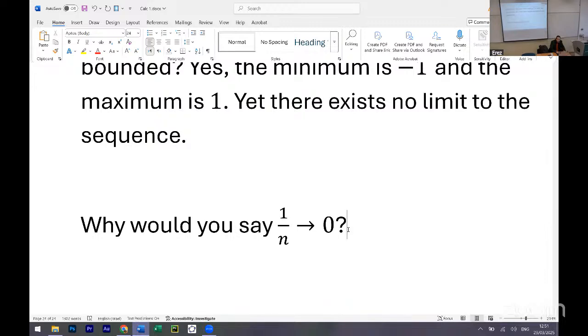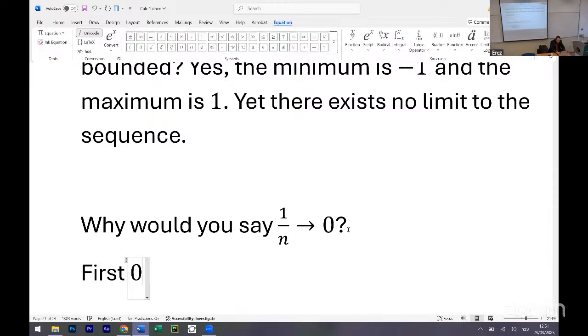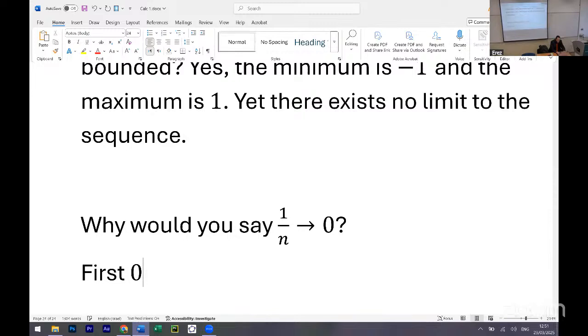Every fraction is bigger than 0. So first of all, in mathematical terms, 0 is a lower bound. That's what you actually said. First, 0 is a lower bound of the set of elements.